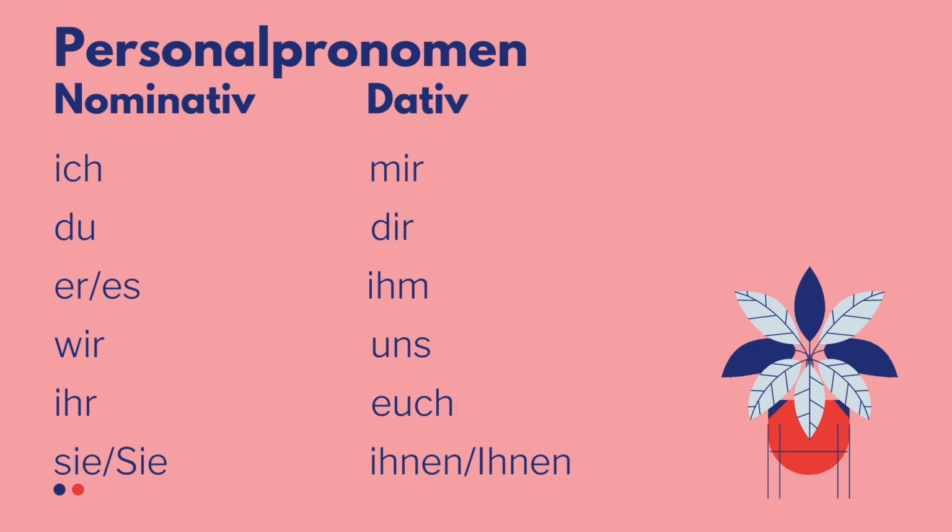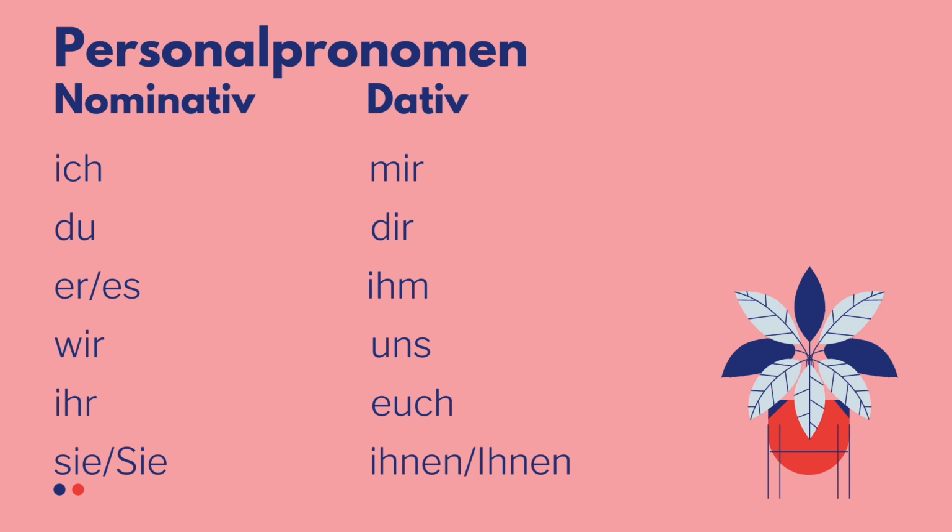On this slide we can see personal pronouns, nominative and dative. Ich, du, er, wir, ihr, sie. Ich means I, du, you, er, he, wir, we, ihr, you, sie, they.